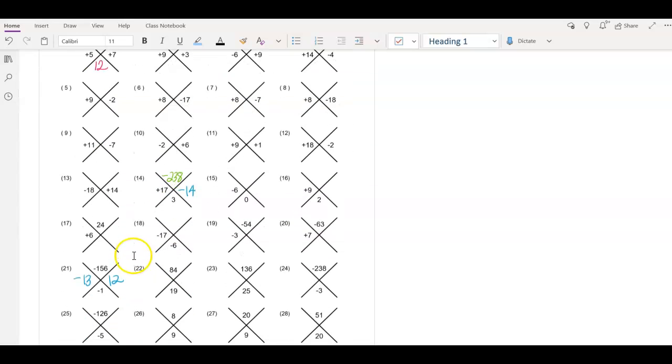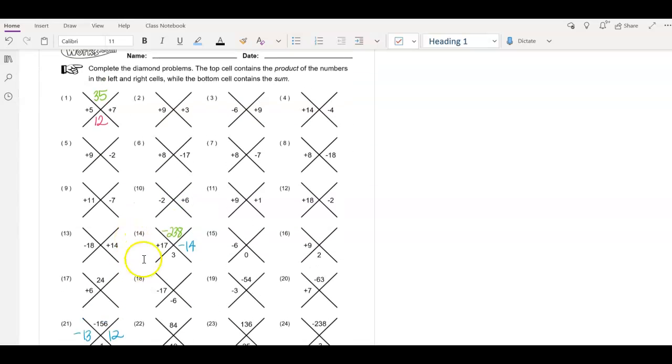All right. Once you've done that, we're going to move on to 14 through 20. In 14 through 20, they gave you one of the factors and either the sum or the product, depending on the problem. So now it's a little guessing game. You need to ask yourself, if I had 17 and I needed to make a sum of 3, what number would I need to add to that? 17 plus negative 14 gives me a sum of 3.